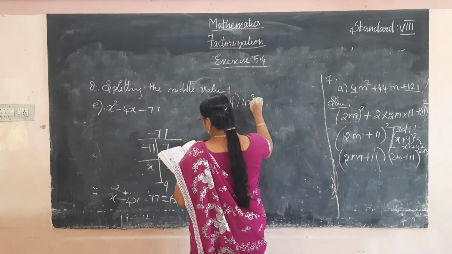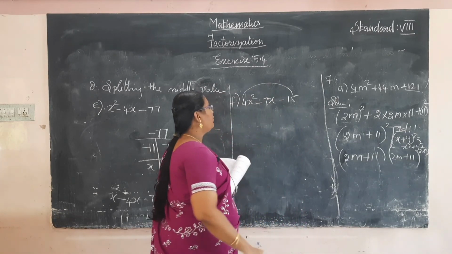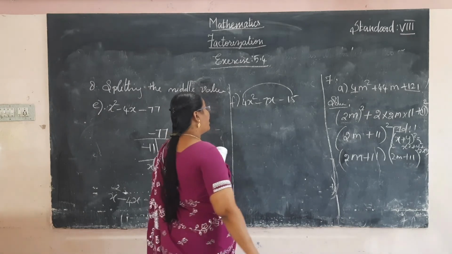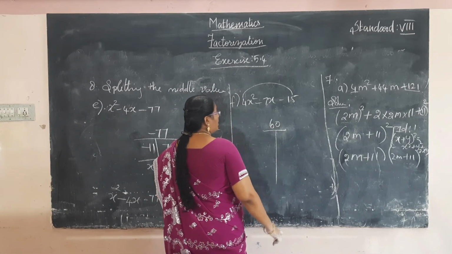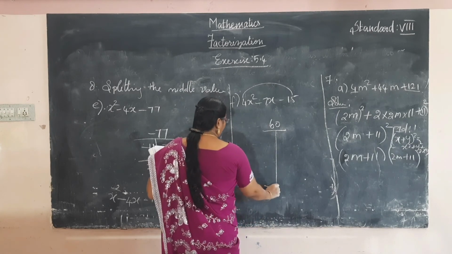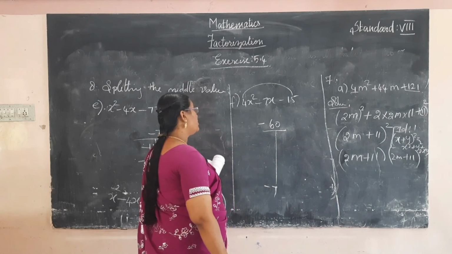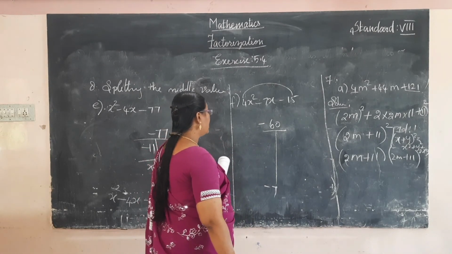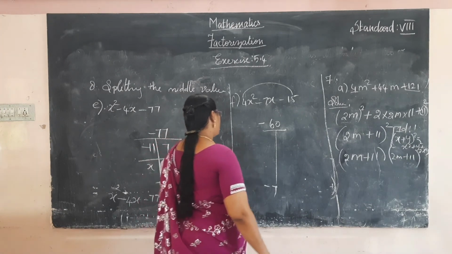Four x squared minus 7x minus 15. Here the coefficient of x squared is 4. So the product of the factors is 60, and the sum of the factors is minus 7 as given. The product of the factors is minus 60 and the sum of the factors is also negative, minus 7.